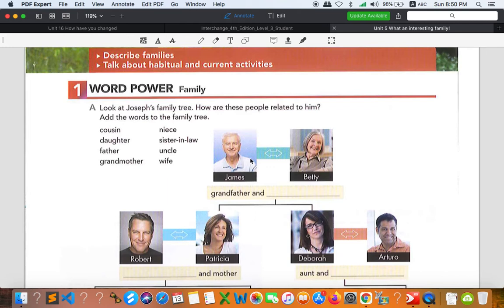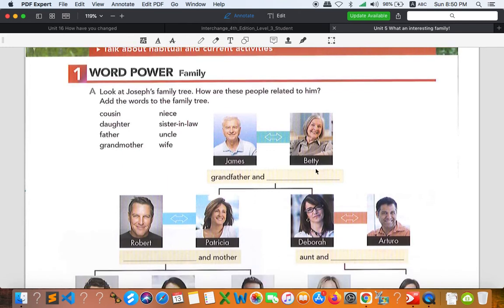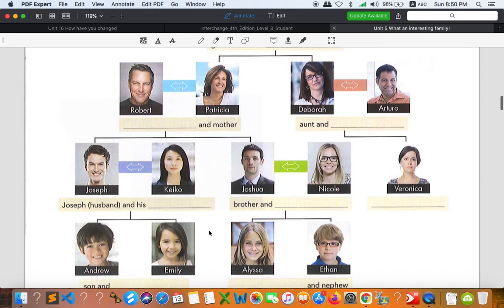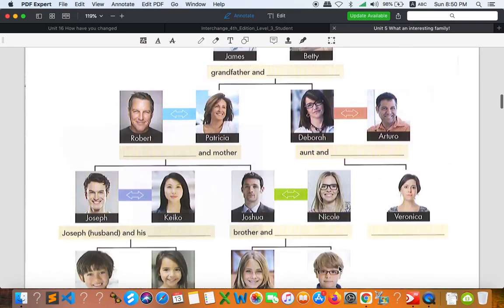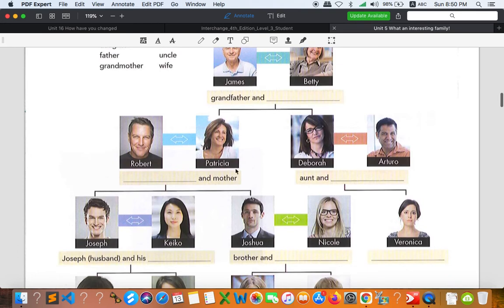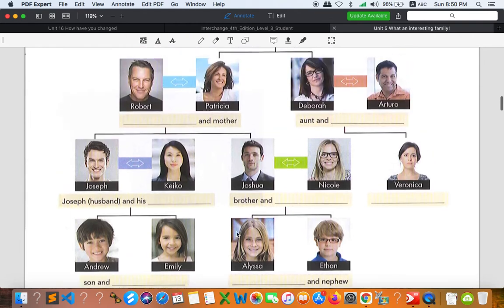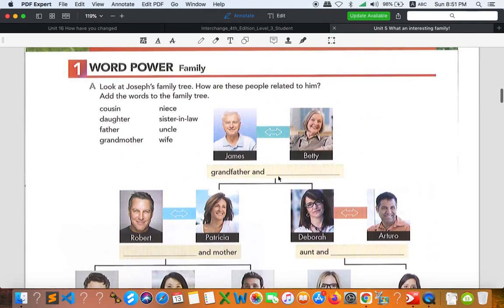Okay, so right here we have the family tree: James, Betty, Robert, Patricia, Deborah, Arturo, Joseph, Gecko, Joshua, Nicole, Veronica, Andrew, Emily, Alisar, and Ethan. So these are the people in the family tree, from grandfather to niece and nephew or son, things like that. Okay, so your job, everyone, is just to fill in.